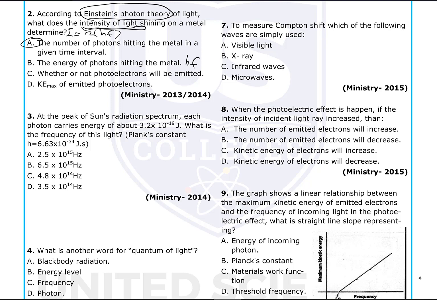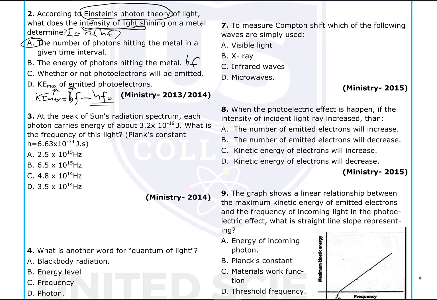Remember Einstein's photoelectric equation: kinetic energy maximum is equal to the energy of the photon, which is hf, minus the work function of the metal, which is hf0. So if you want to increase the kinetic energy, you have to increase the energy of the photon, because the work function of a certain metal is constant.